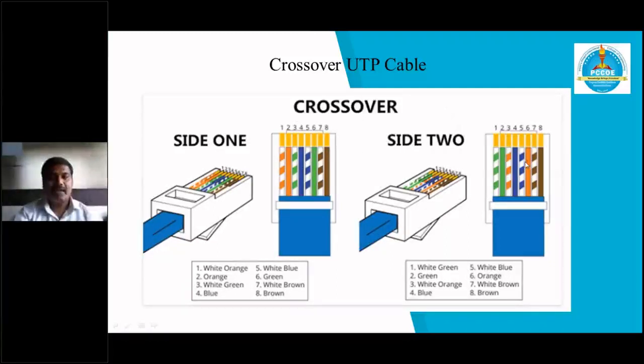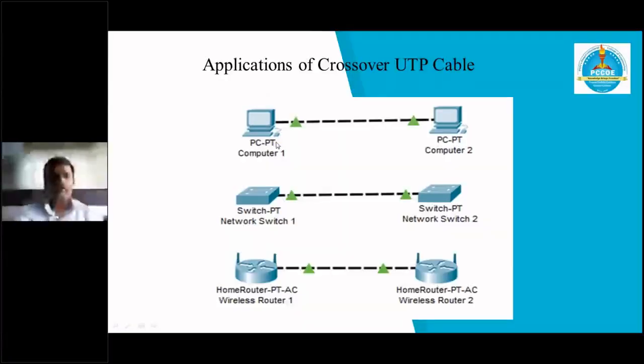Out of these 8 cables, how many cables are actually used for communication purposes? One side will interact with the other side if both the devices are the same. Let us see in this example: I have computer 1 and the same computer 2, and I'm coming with the crossover cable. So one device is communicating with the other device with the help of the crossover cable.